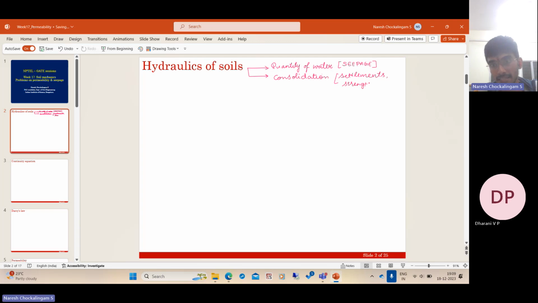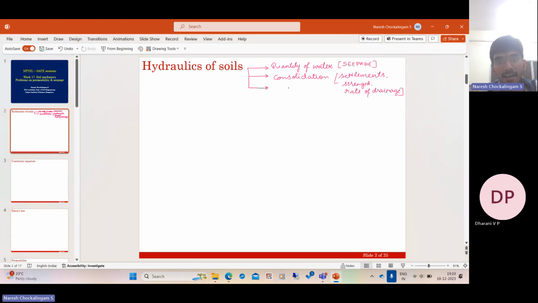With consolidation, the strength is typically increased. It is also important for the rate of drainage, that is, how long it takes for settlement. So this comes under the topic of consolidation.